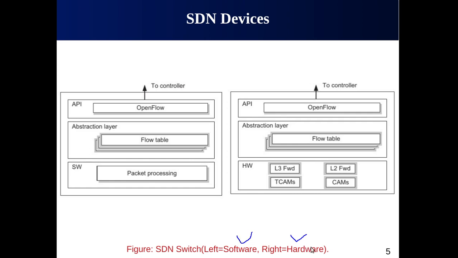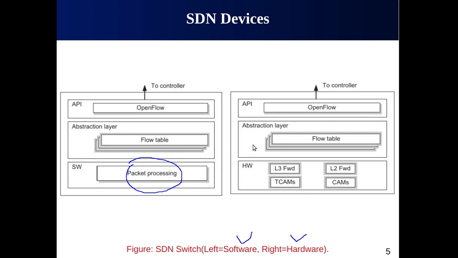So in case of a virtual switch, this packet processing function is packet processing software. Actually, this is a piece of software. While in case of the physical switch, this packet processing function is actually hard coded, embodied in the hardware for packet processing logic, as you can see here.